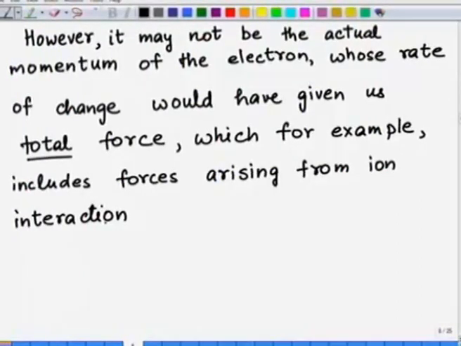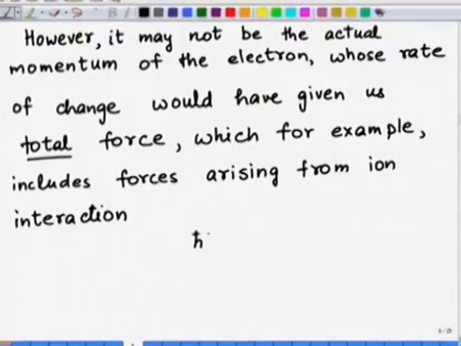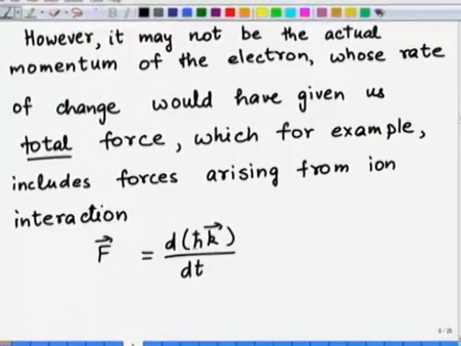So, there are internal forces, for example, arising from ion interaction, and that is what the electron experiences. F is the external force that is applied, and the total force is the sum of these forces; the rate of change of actual momentum is then equal to the total force. But this quantity h bar k behaves like a momentum to an external force. So, its rate of change is simply equal to F, which is just the external force, and hence we call this quantity the crystal momentum.